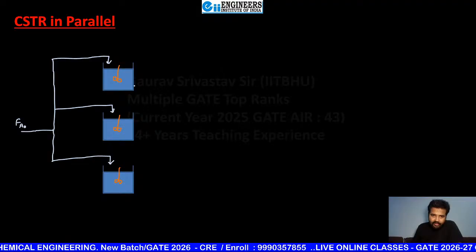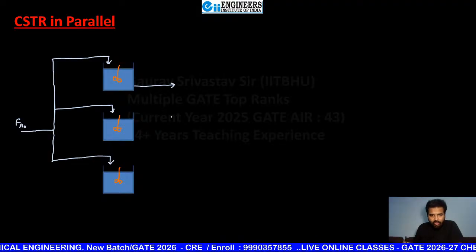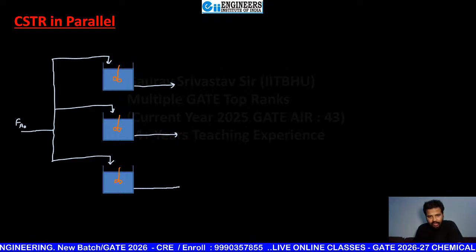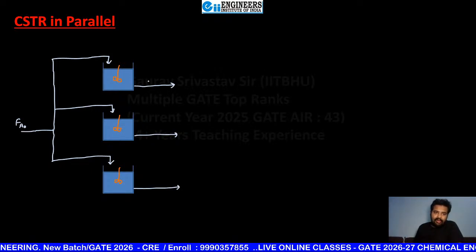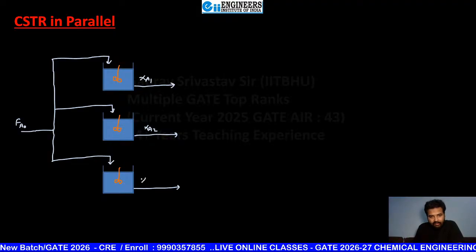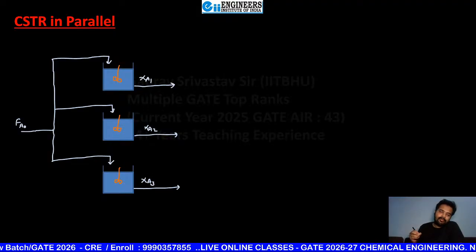So mostly they are asking that from here, this is your exit, from here, this is your exit, from here, this is your exit. And they will tell you in the examination that here the conversion is xa1, here the conversion is xa2, here the conversion is xa3.